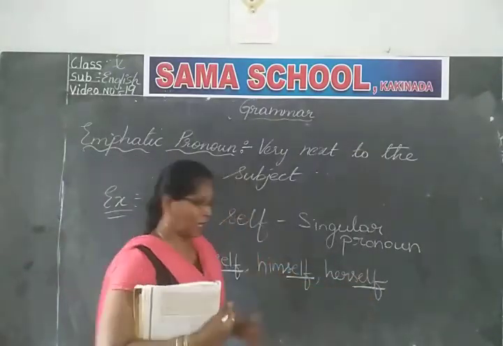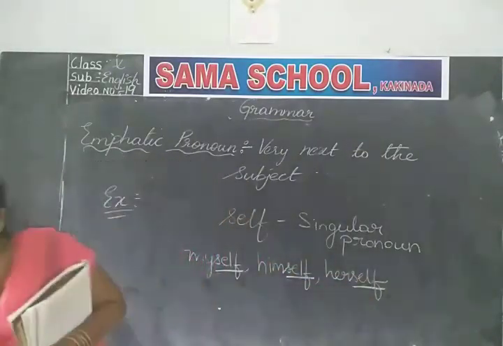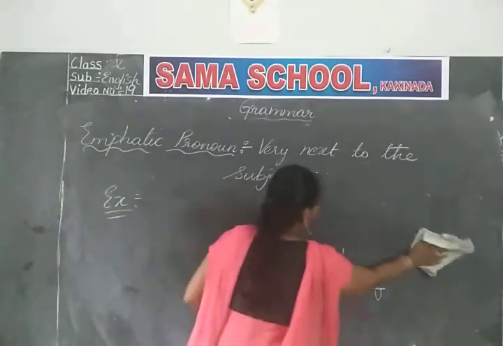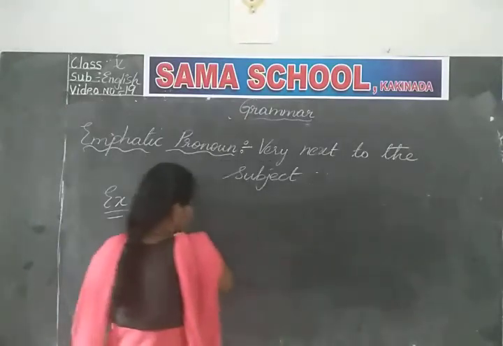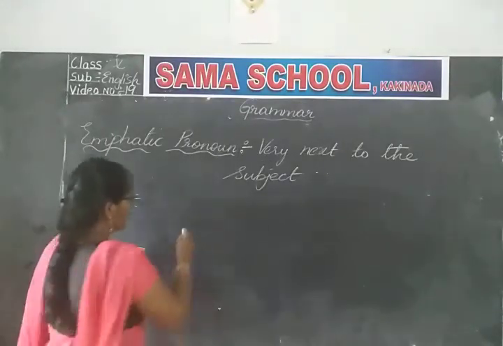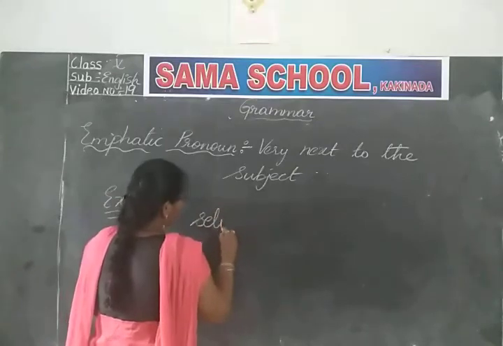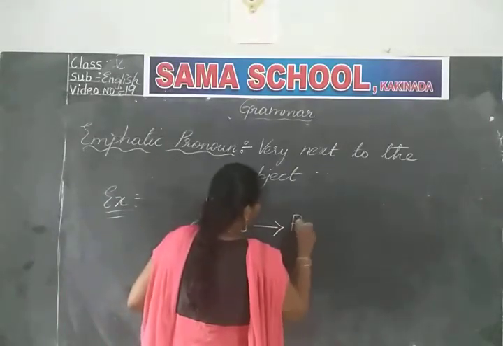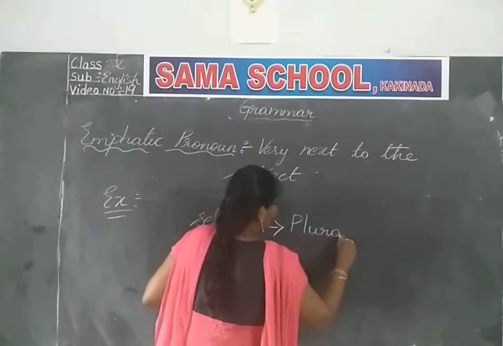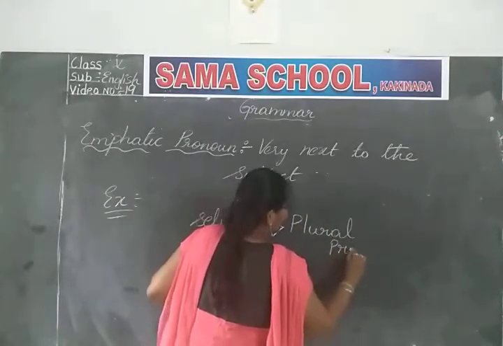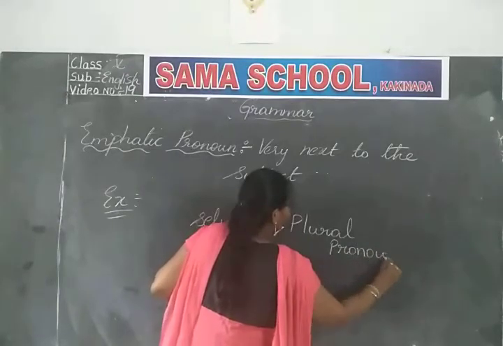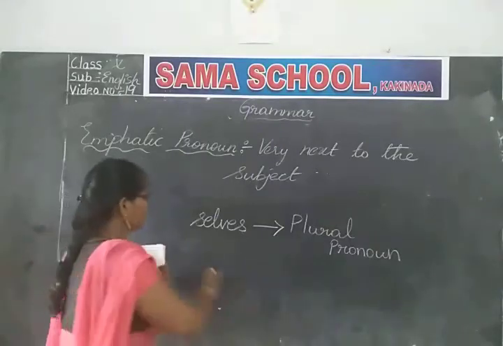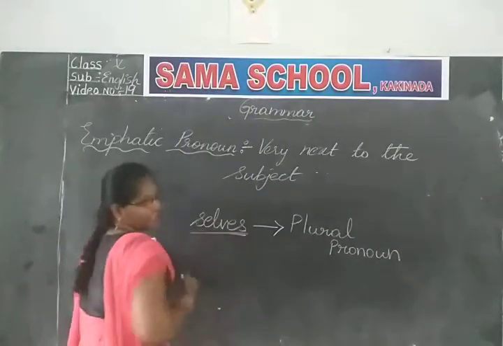Clear children? In the same manner, if the word is ending with SELVES, then we consider it a plural pronoun. Plural pronoun. Am I clear, children? Where do we use this plural pronoun? If the subject is plural, automatically we use these SELVES words.